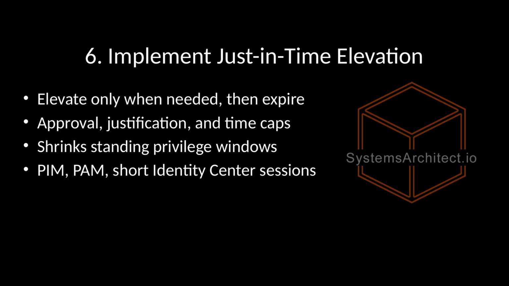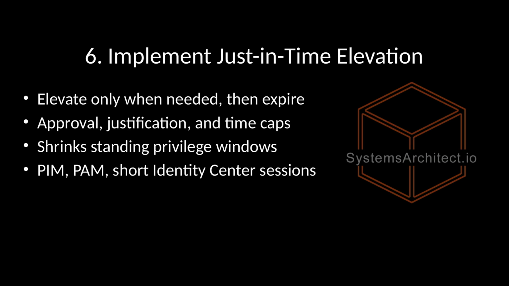Cap duration by risk, for example, 1 hour for production databases, 4 hours for production infra changes, 8 hours for dev admin, and require a second approver for long elevations. On AWS, use Identity Center permission sets with short sessions or assume role with duration seconds for programmatic limits.